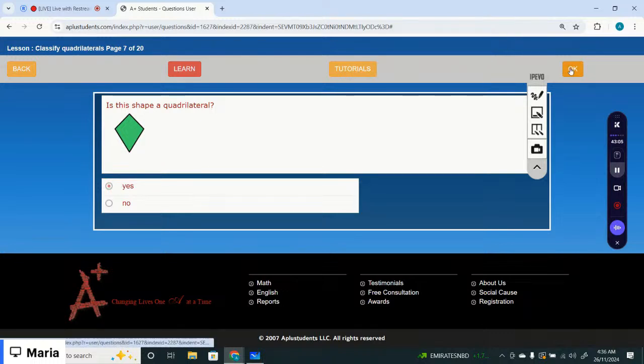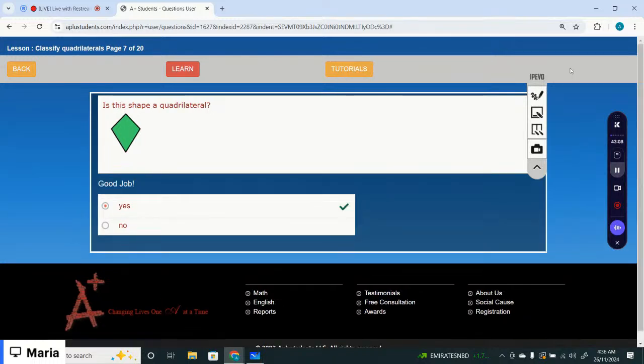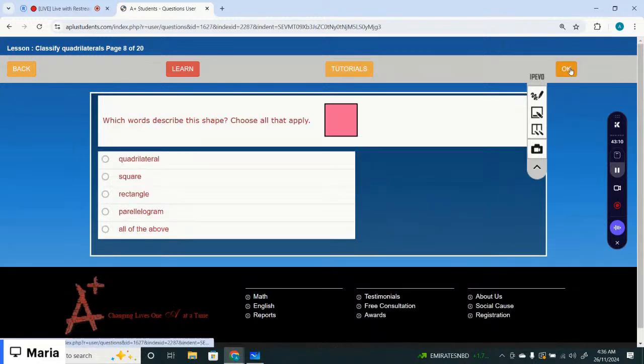The correct option is yes. Which words describe the shape? Choose all that apply.